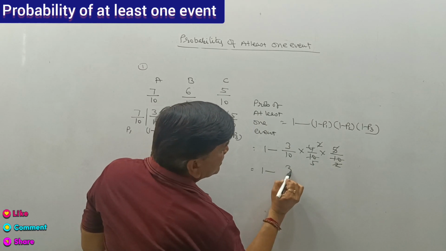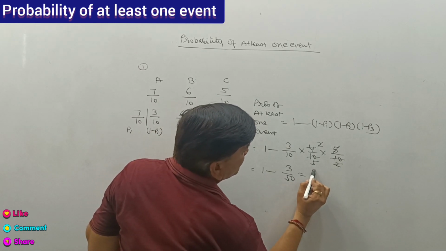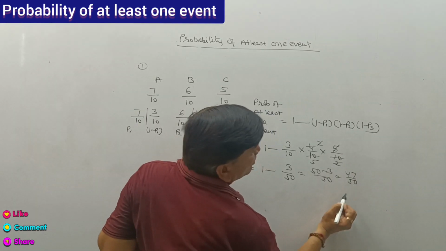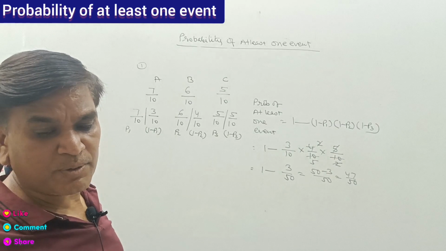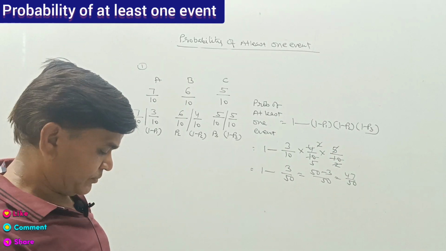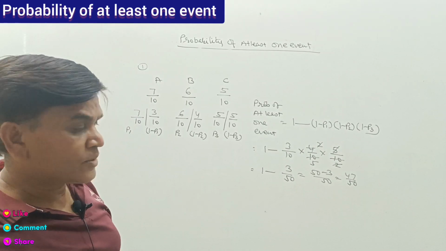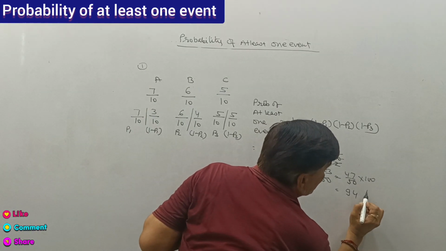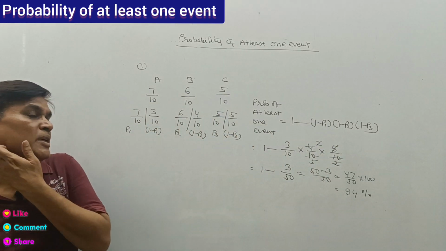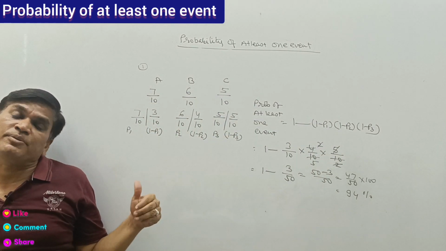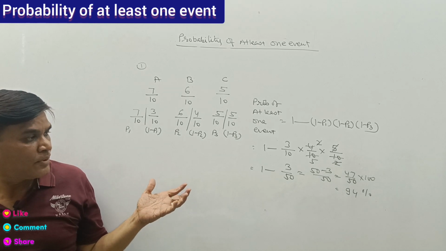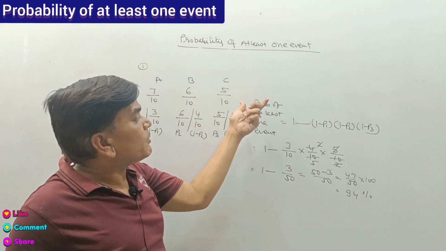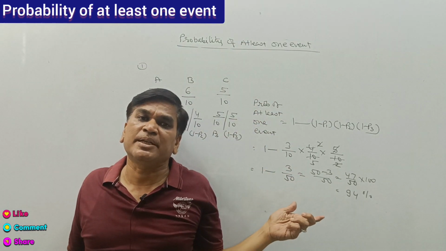So that is 1 minus 3 upon 50, so we have 50 minus 3 upon 50, that is 47 upon 50. If we want to calculate in percentage, there is a 94% chance that the question will be solved. The question will be solved if at least one of them solves it. So if this type of question comes up, with the help of the probability of at least one event, we can calculate it.